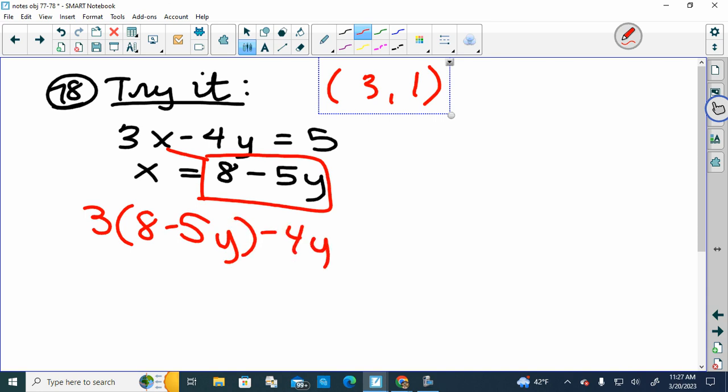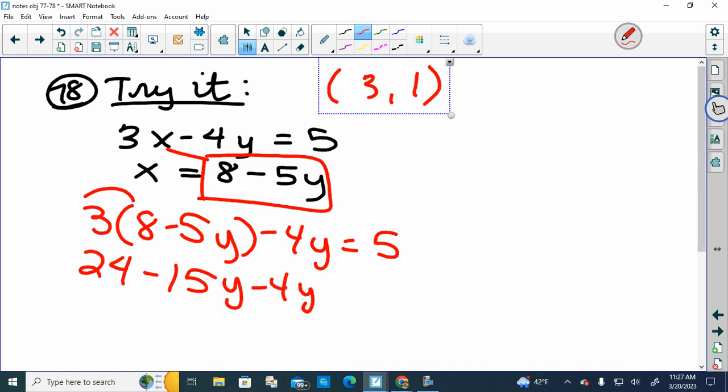minus 4y equals 5. So distributing that would give us 24 minus 15y minus 4y equals 5. Okay, then those two together give you a negative 19y, right? We're good so far?